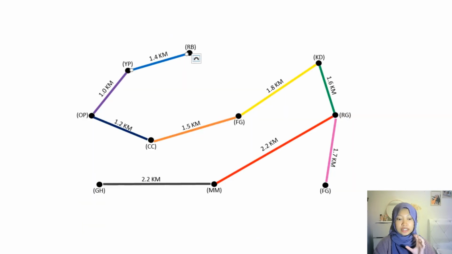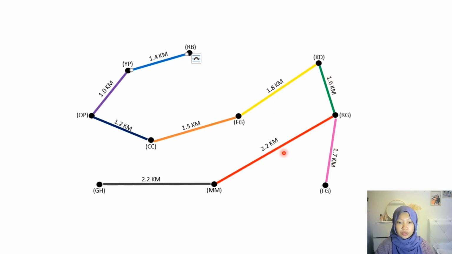This is the result after I redrew the diagram. Let's count the total of the edges together. The first one is 1.0, from Yarra Park to Olympic Park. The first, second, third, fourth, fifth, sixth, seventh, eighth, and the last one is the ninth, from Melbourne Museum to the Government House.